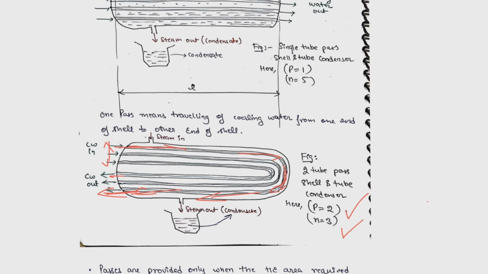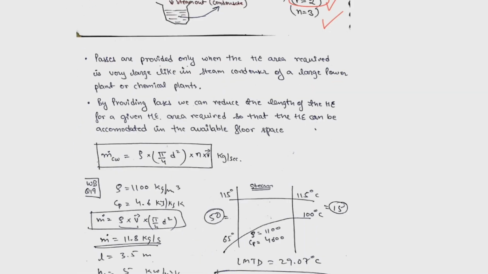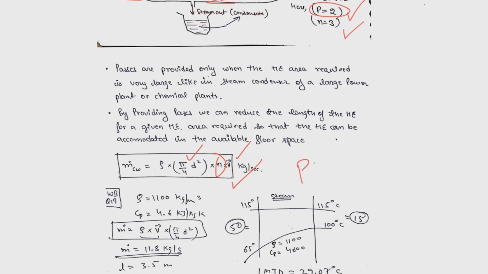Whatever mass is entering here is only going out here, therefore you should not multiply with the number of passes. Therefore the formula for the mass flow rate is density into cross-sectional area of the tube into number of tubes into velocity, and we should not multiply with P.